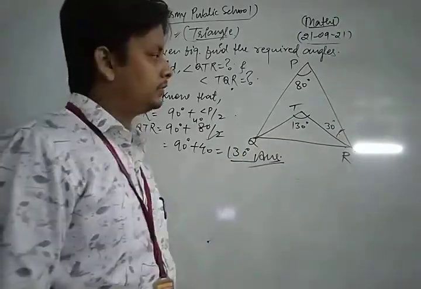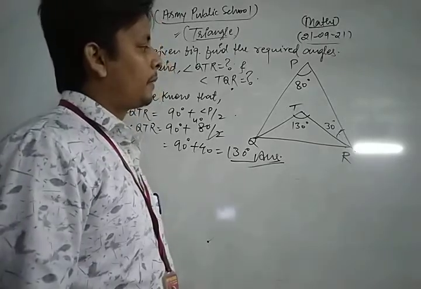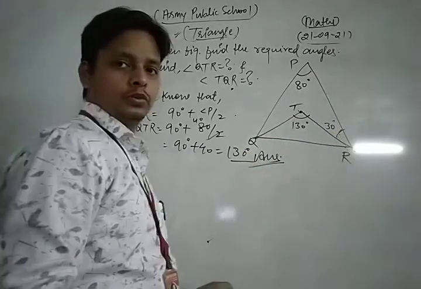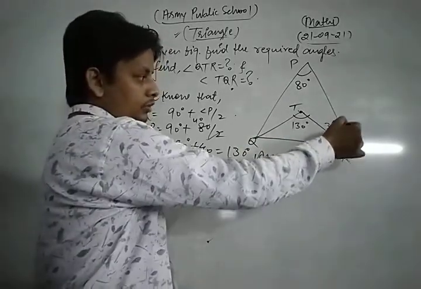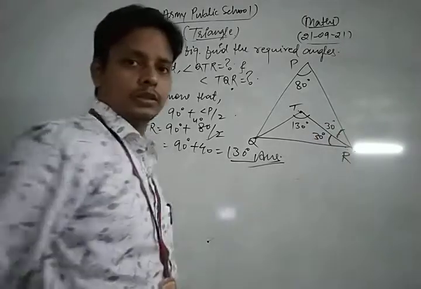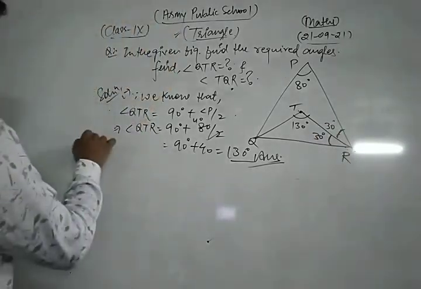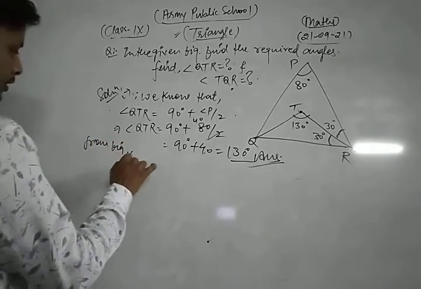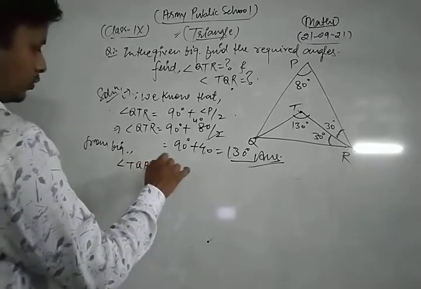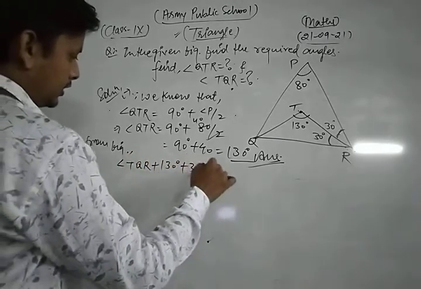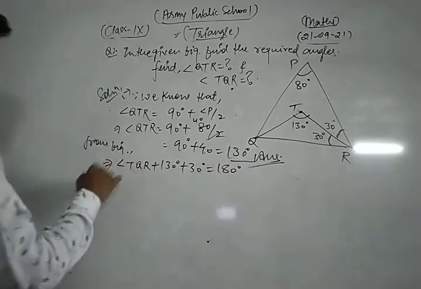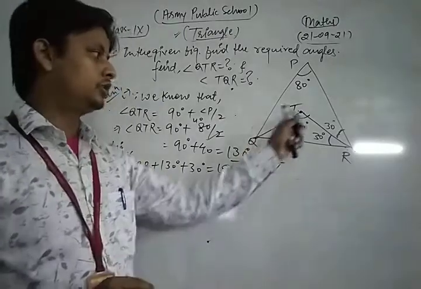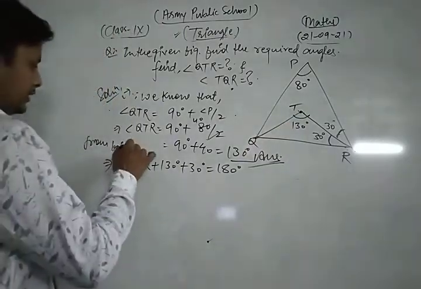First of all, dear friends, angle PRQ is 30 because RT is the bisector, so this is also 30 degrees. From the figure, angle PQR plus 130 degrees plus 30 degrees is equal to 180, because we apply the angle sum property of triangle QTR.